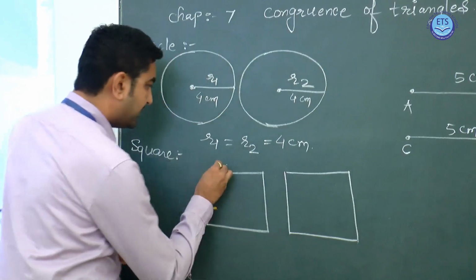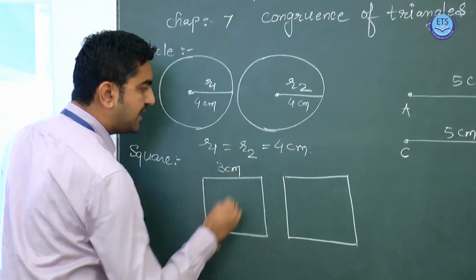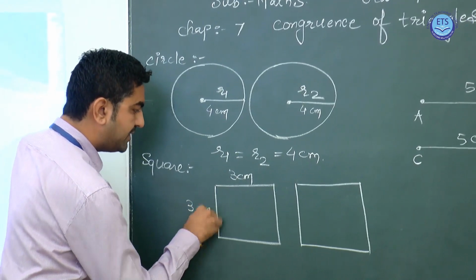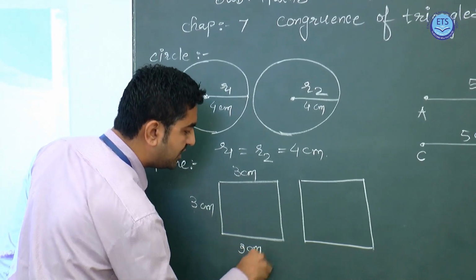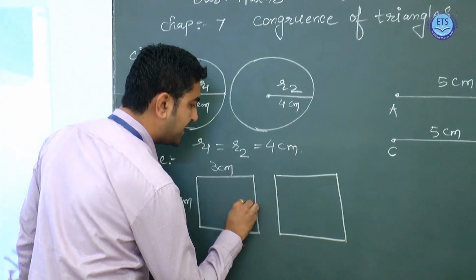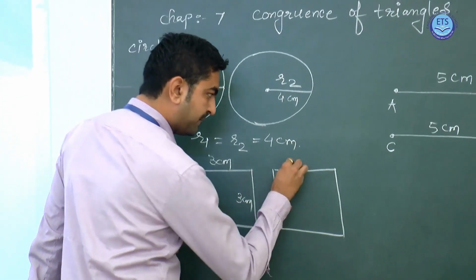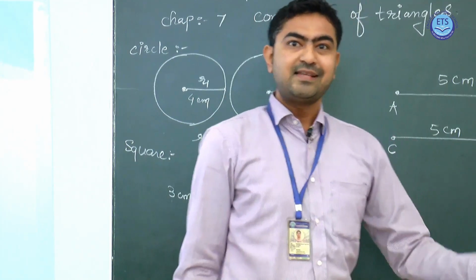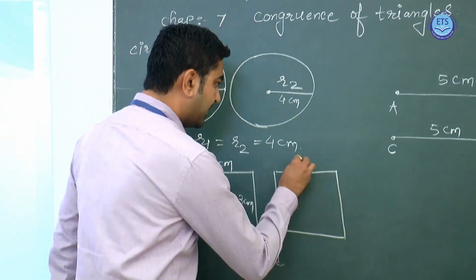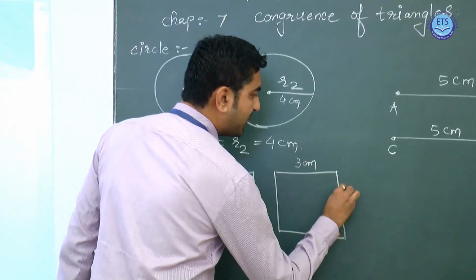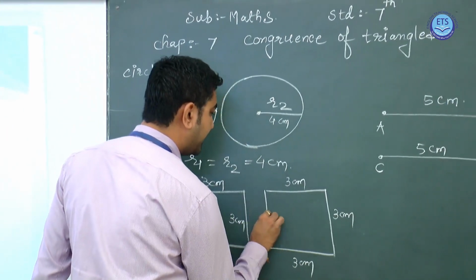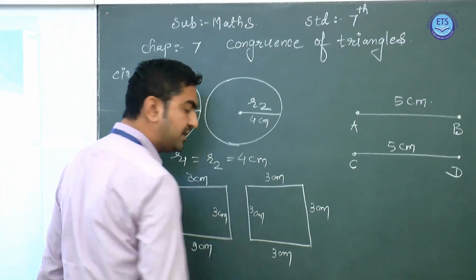Suppose we take here 3 centimeter, here also 3 centimeter, here also 3 centimeter, and this side is also 3 centimeter. Now in the second square, the sides have the same measure. So this is also 3 centimeter, here also 3 centimeter, and here also 3 centimeter.